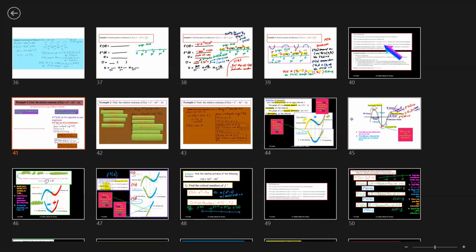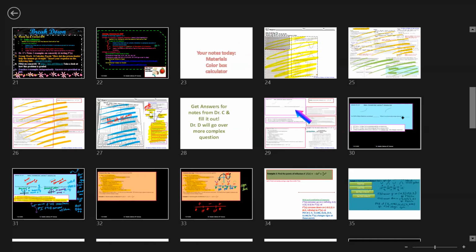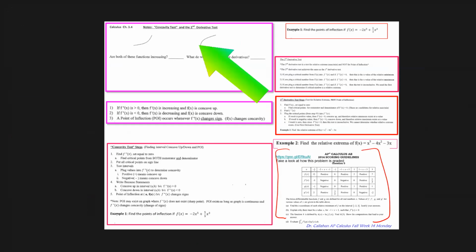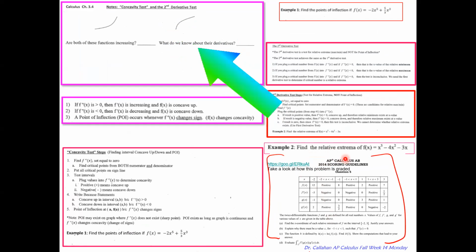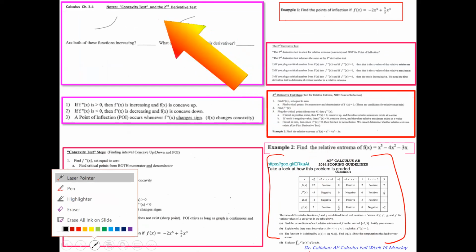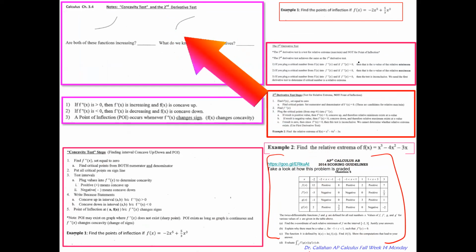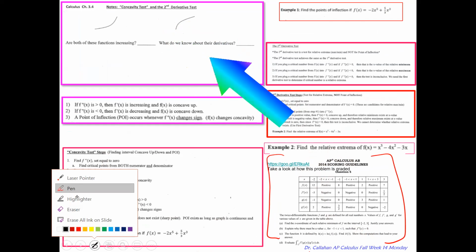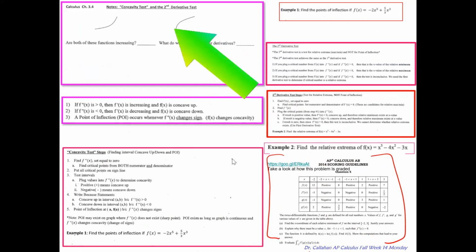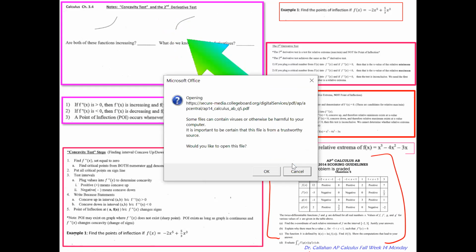All right, you guys, now what I would like you to try to do is take a look at this part right here for the AP College Board free response question. Specifically, what I want you to do is type in this link right here, and from this link you are going to be able to take a look at how the problem is graded.